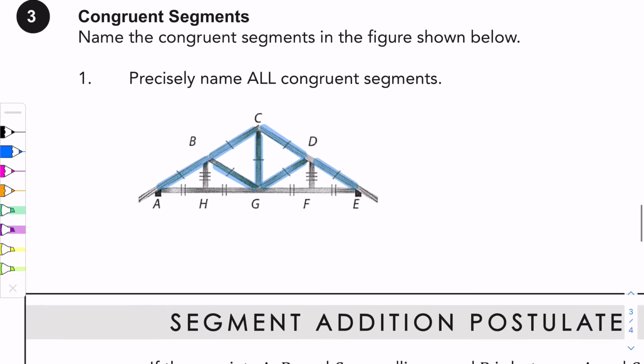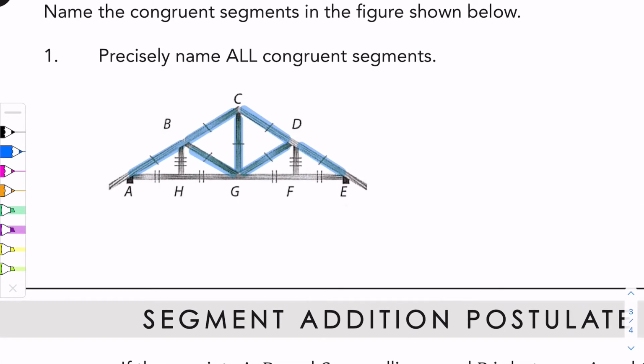I'm going to write out this statement with a blue marker because we have other statements that we need to write.